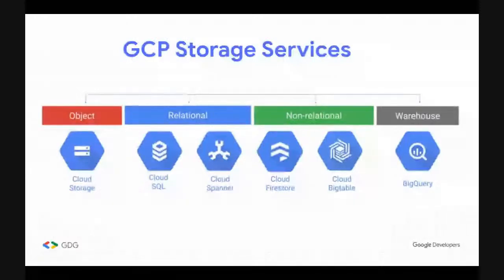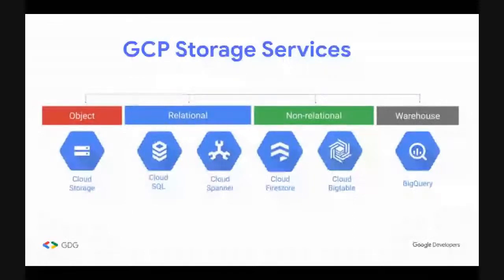So like we can see here, for object storage, we have Cloud Storage. It's good for binary or object data, such as images, media serving, and backups. For relational, we have two services, Cloud SQL and Cloud Spanner. Cloud SQL is good for web frameworks such as CMS and e-commerce.